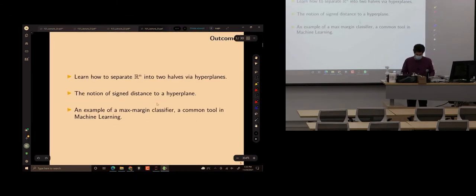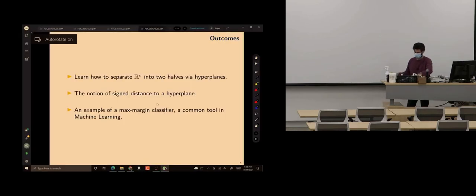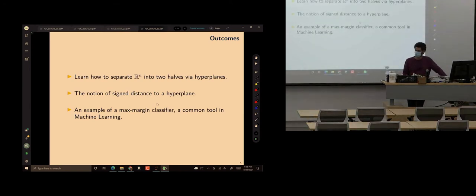Okay, so we want to be able to divide the space Rn into two separate parts using a hyperplane.